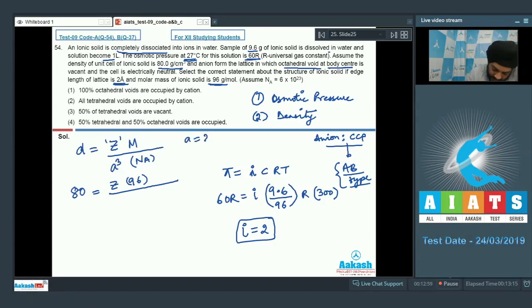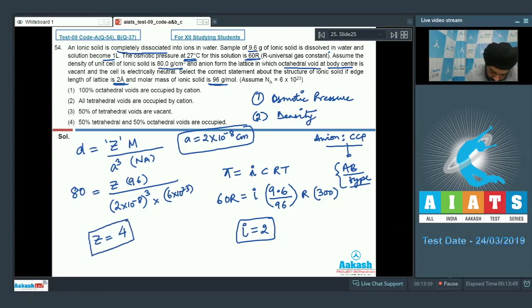The a value is given to us as 2 angstrom, which is 2 into 10 to the power minus 8 centimeters. So this is 2 into 10 to the power minus 8 whole cube into Avogadro's number, which is 6 into 10 to the power 23. So the Z value comes out to be equal to 4. So as there are 4 anions in the system, we have to have 4 cations as well.